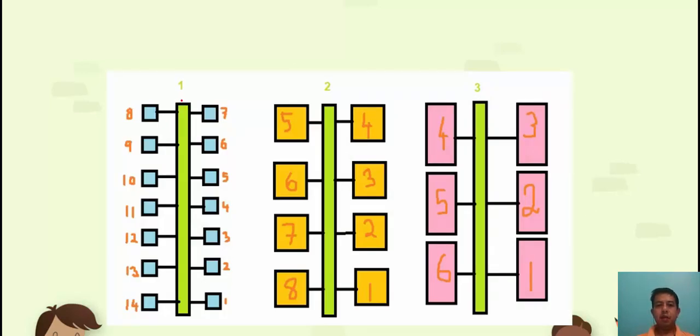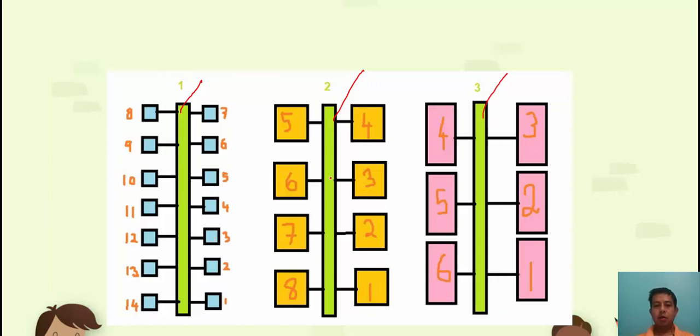Say I have 3 roads, normal roads, lanes. So this is road number 1, this is another road number 2, this is another road number 3. So to say, this is lane number 1, this is lane number 2, and this is lane number 3. And these are different houses on that lane, and all the houses are numbered. So in the first lane, this is house number 1, this is house number 2, this is house number 3, like this up to house number 14.